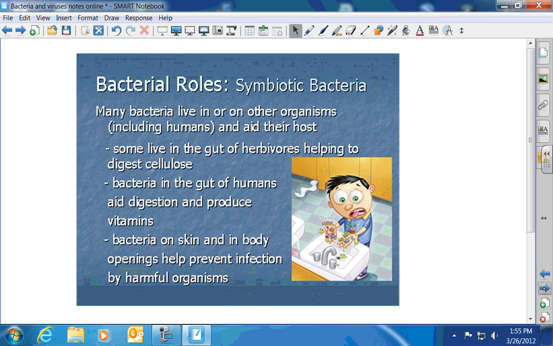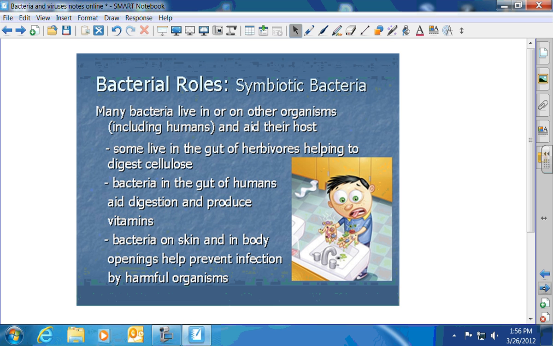And taking too many antibiotics also kills off all the good bacteria, so you have to be careful. Bacteria for the environment help clean up oil spills. We can put them in the oceans to help change that oil into a different form.